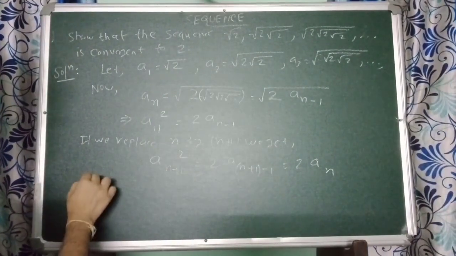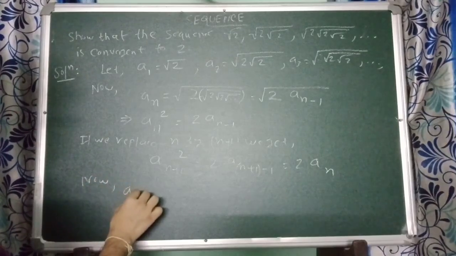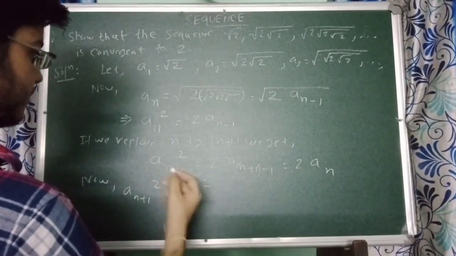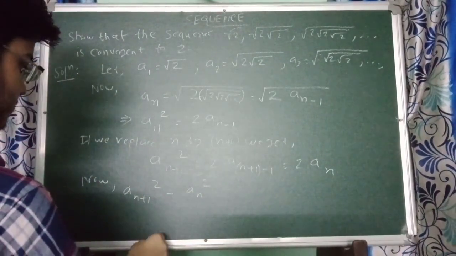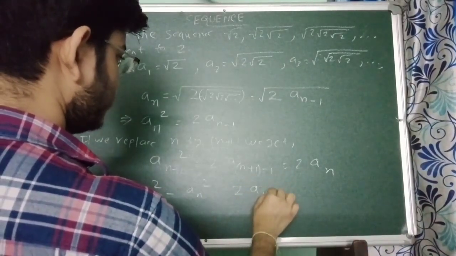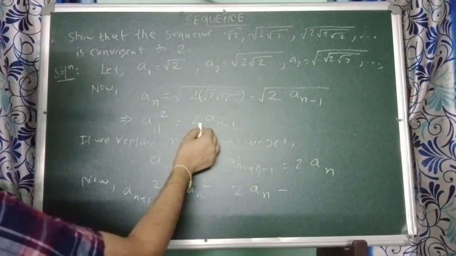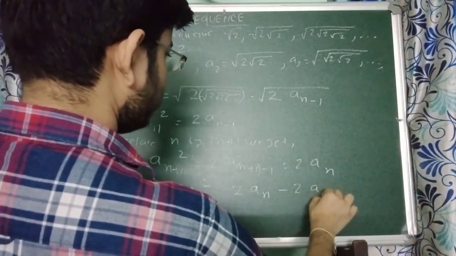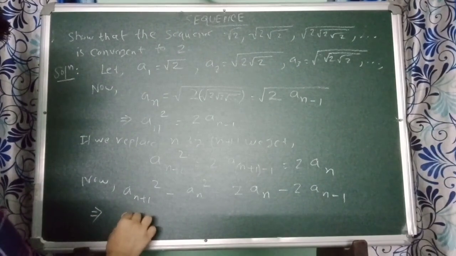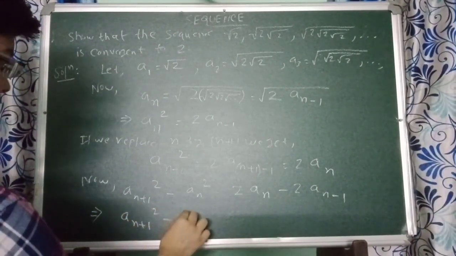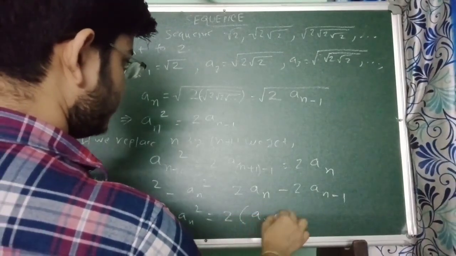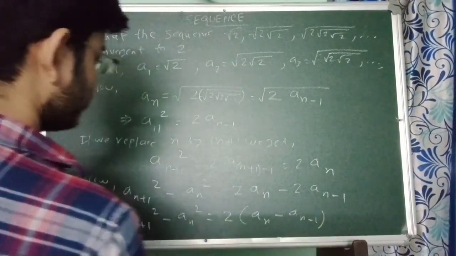Now a_{n+1} squared minus a_n squared equals 2 into a_n minus 2 into a_{n-1}, taking 2 common, so we get a_n minus a_{n-1}, this kind of expression.